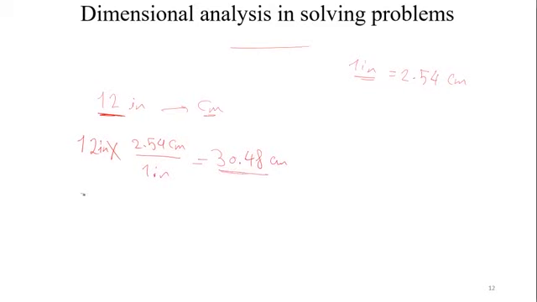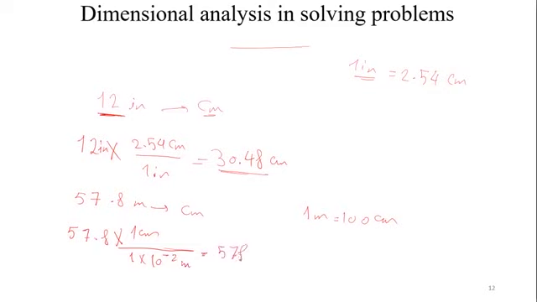Let's look at another example. If I want to convert 57.8 meters into centimeters, we all know that 1 meter is equal to 100 centimeters. I would multiply 57.8 by 1 centimeter divided by 1 multiplied by 10 to the power minus 2 meter, which is equal to 5780 centimeters.